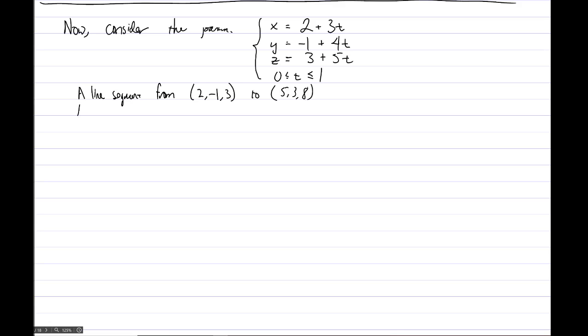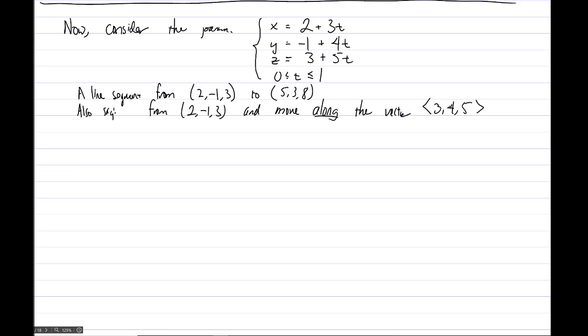Now, the thing is, we could also say that it's a line segment, but you can start from the point (2, -1, 3), and then you move along the vector, well, <3, 4, 5>.